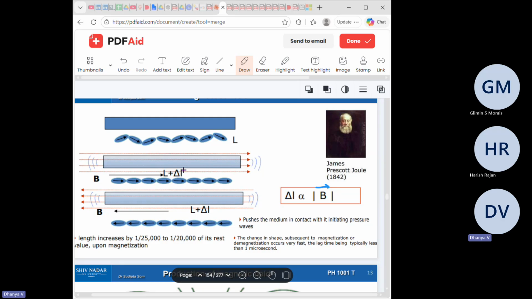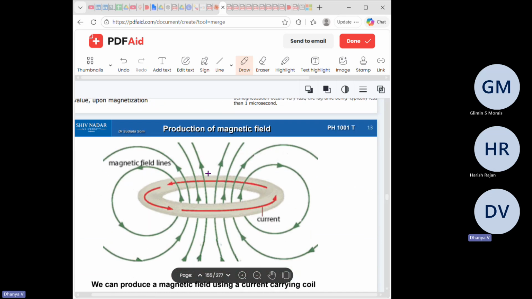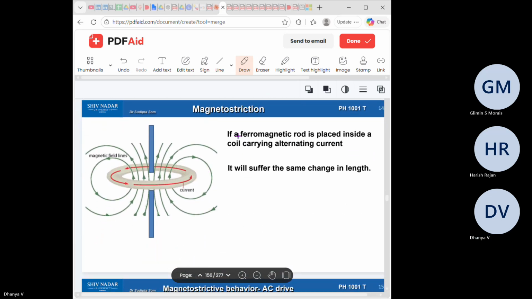If you apply a magnetic field, it expands, and if you don't apply it, it comes back. So there's not much lag time. A ferromagnetic rod inside a coil carrying alternating current again suffers the same change in length.